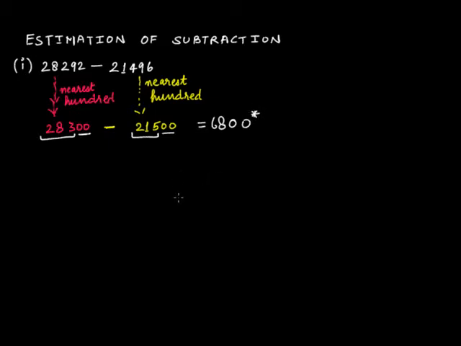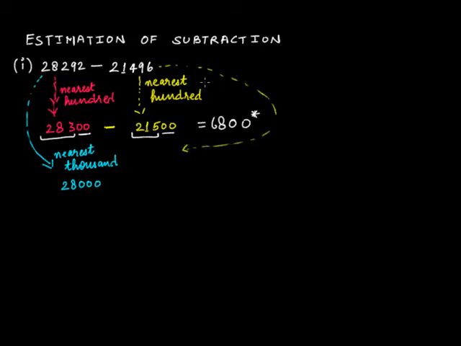What could be the other way? The other way can be that you round it off to its nearest 1,000, and then this will become 28,000. And this is a second possible way we are discussing, right?